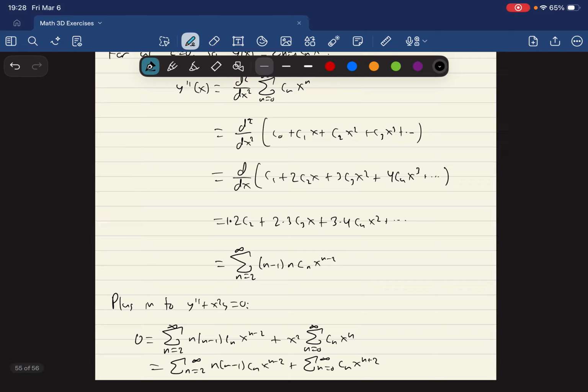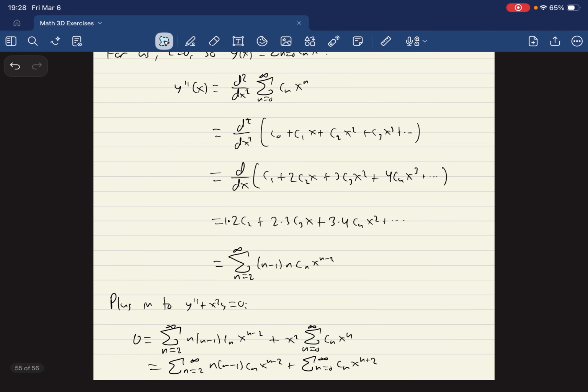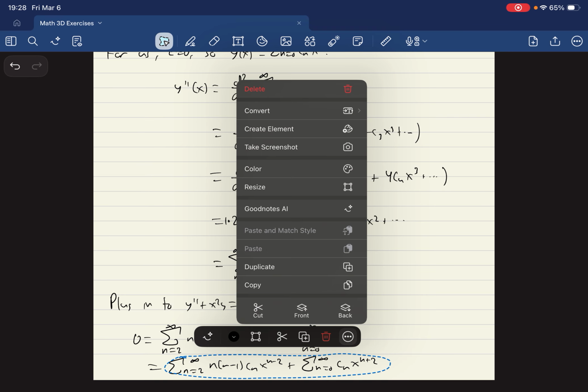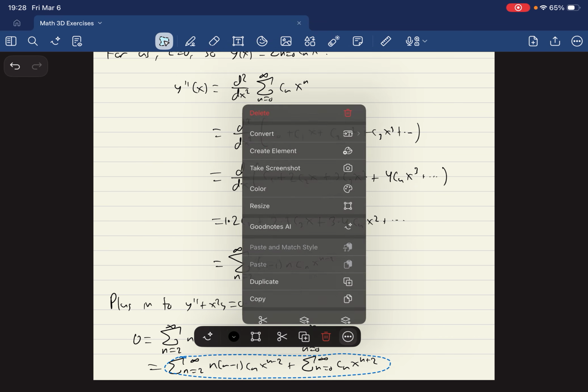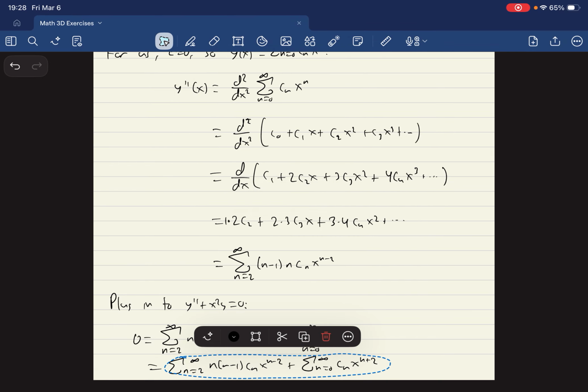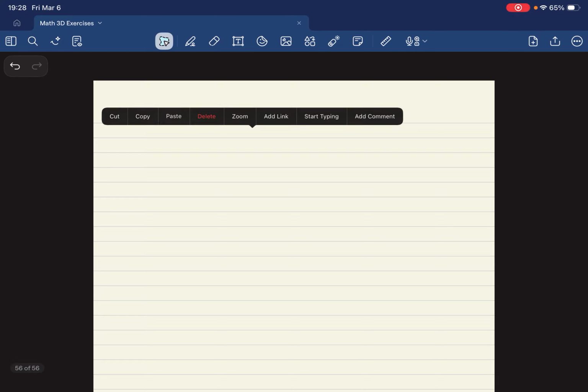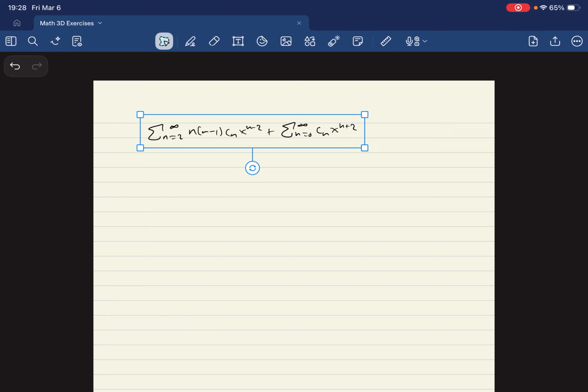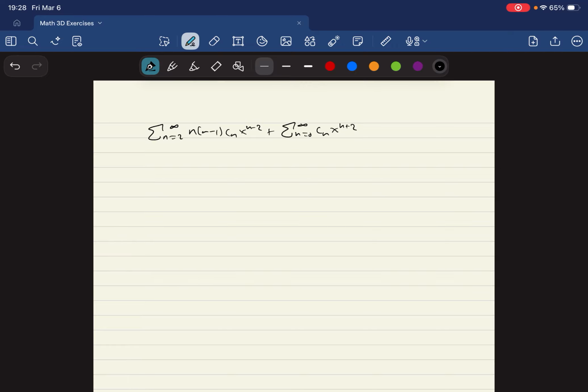Okay, so let me copy this so we can go to another page. Okay, so we have this expression. To be able to simplify this, we're going to need to get the indices aligned.